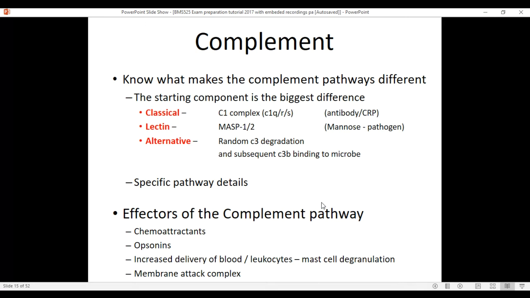Okay, it causes vasodilation, it causes increased vascular wall permeability, and it increases chemotaxis to attract cells to the site of infection. Okay, and it also releases some mediators that will contribute to pain, such as bradykinin.